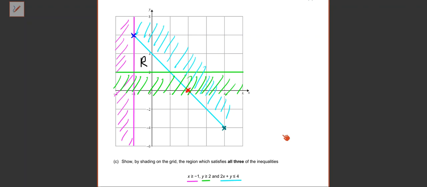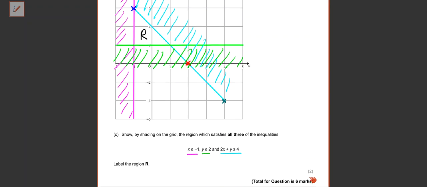Okay? And the marks are, there's only 2 marks, so 2 for getting the region. You get 1 mark if you at least drew all the lines correctly, so the other 2 lines correctly. I did that.